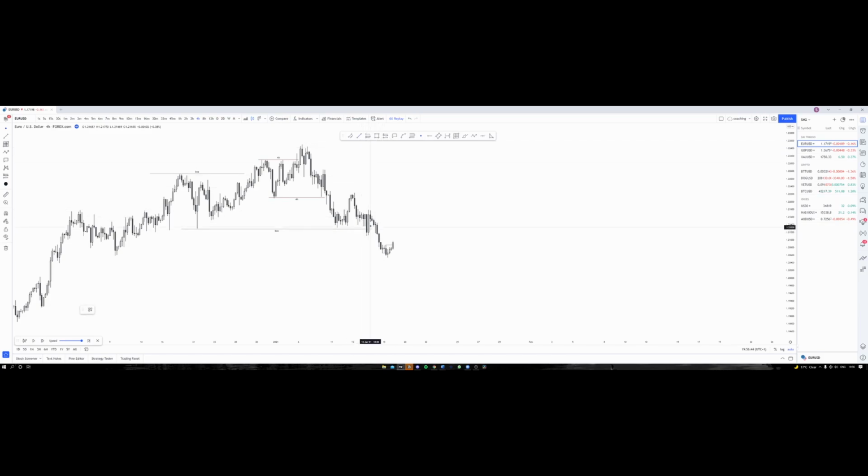We don't really have a swing high here created, right? This is our last swing high. Let's just measure that and see whether it's the correct amount. Yeah, 90 pips, definitely a 4-hour structure. So there's our last real significant break of structure.